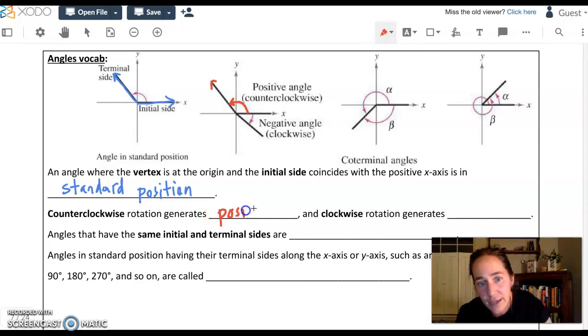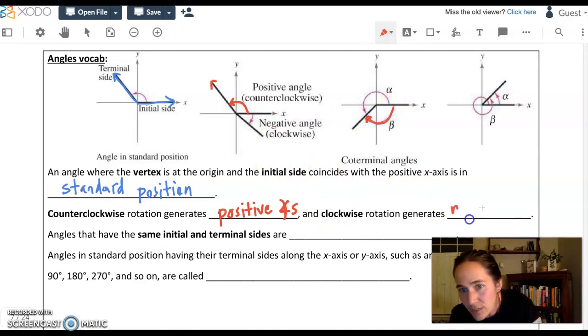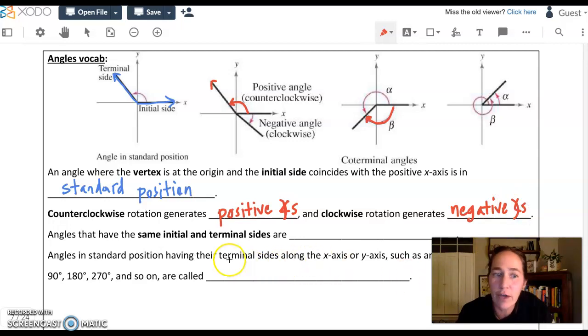Positive angles, with a little fancy angle symbol for you there. And clockwise rotation, going the other way, like this beta here, is going to generate negative angle measures. So I'll say negative angles. So you could have named the angle in the warm-up with either a positive or a negative degree value.